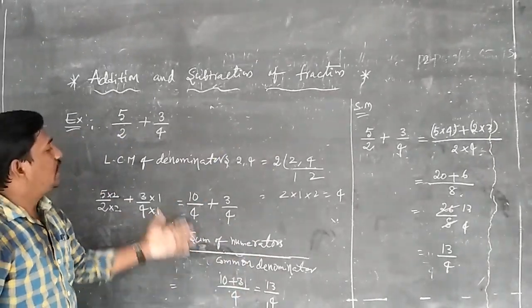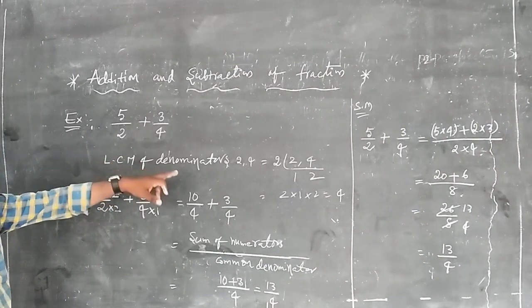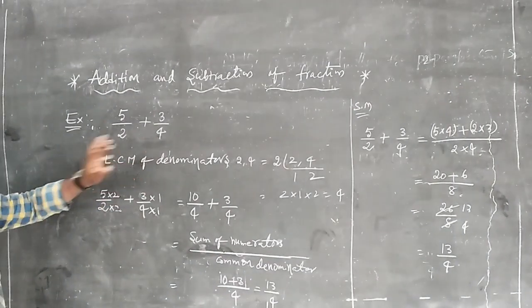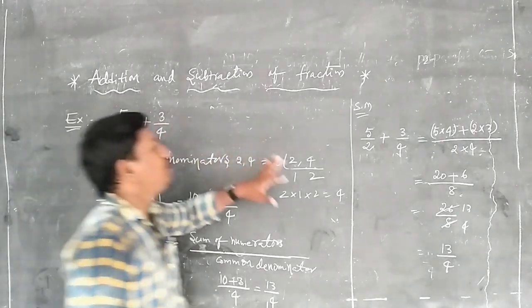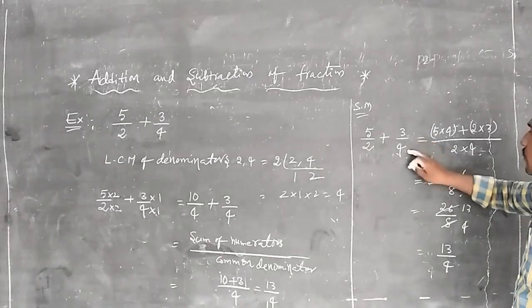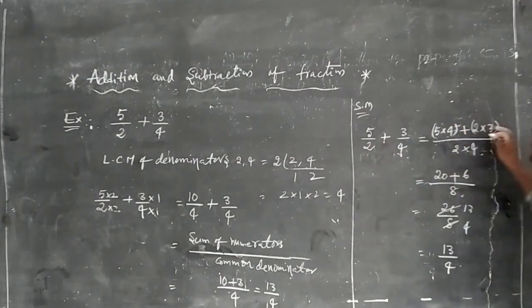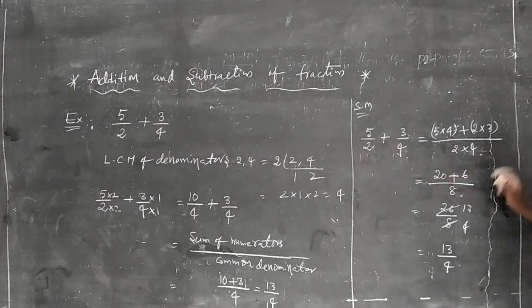This is the simple method: 5 by 2 plus 3 by 4 equals 5 into 4 plus 2 into 3 by 2 into 4, which is 26 by 8, that means 13 by 4.